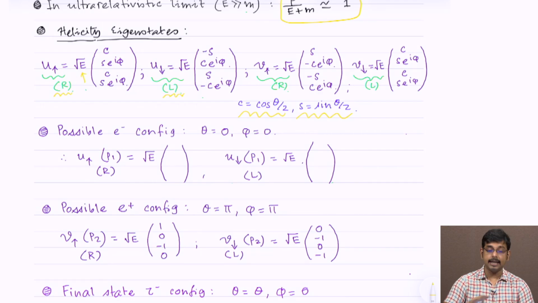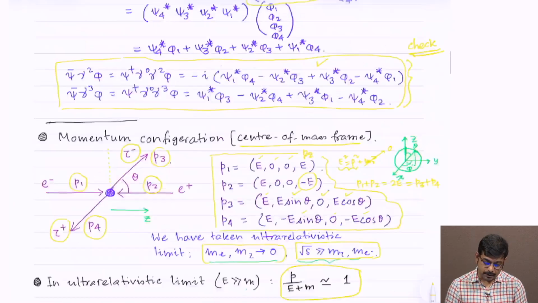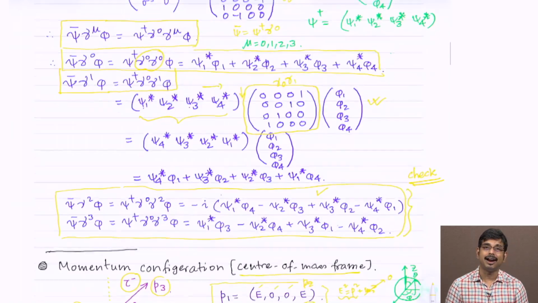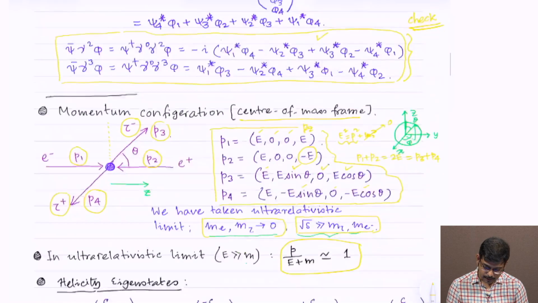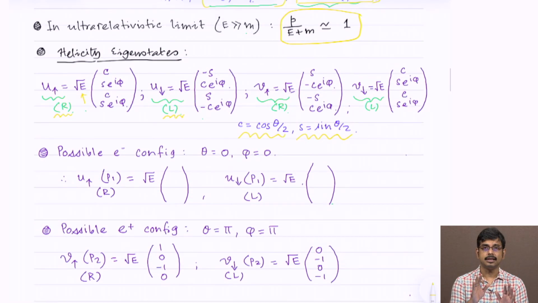Okay, so these are the helicity eigenstates. What we are going to do is use them explicitly, do this matrix multiplication to find the current, and from there find the matrix element squared for this particular process. I think this is understood, right?